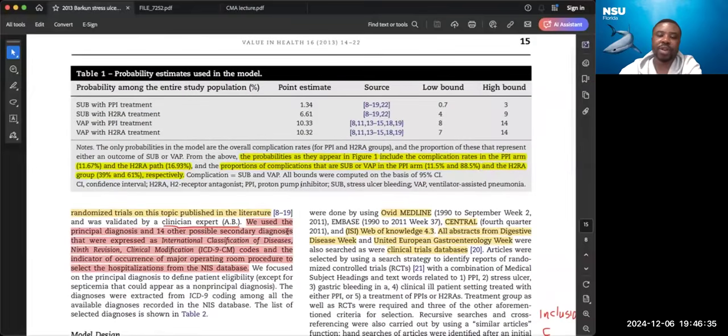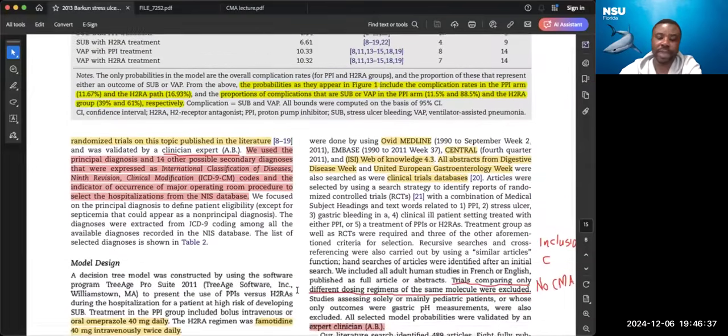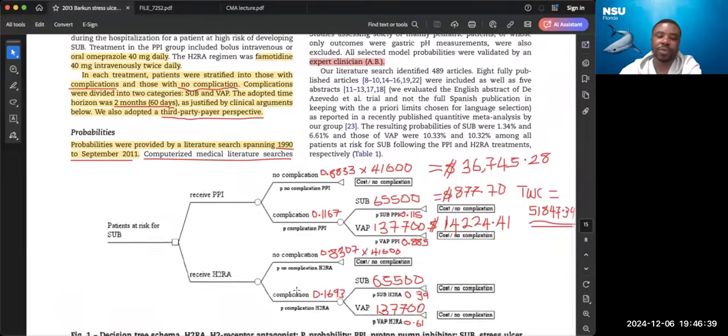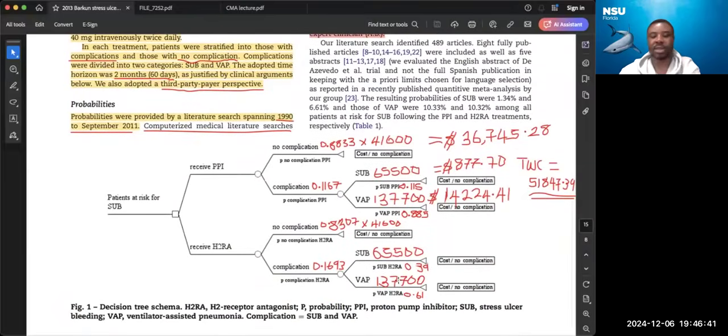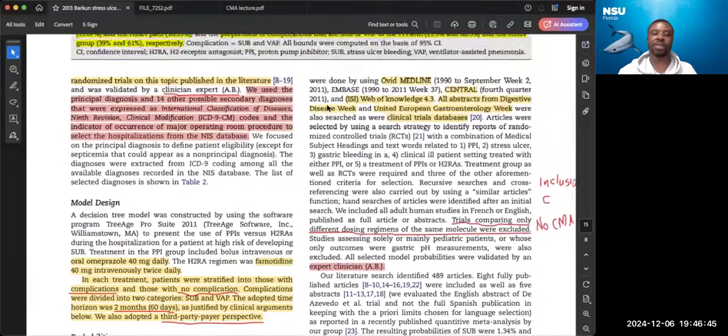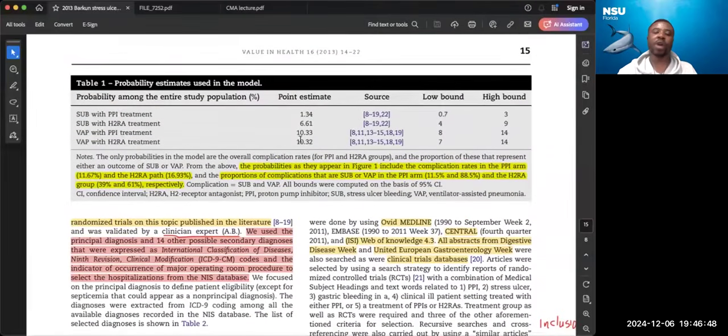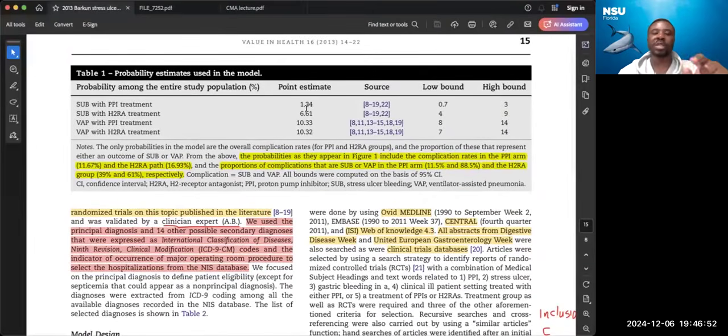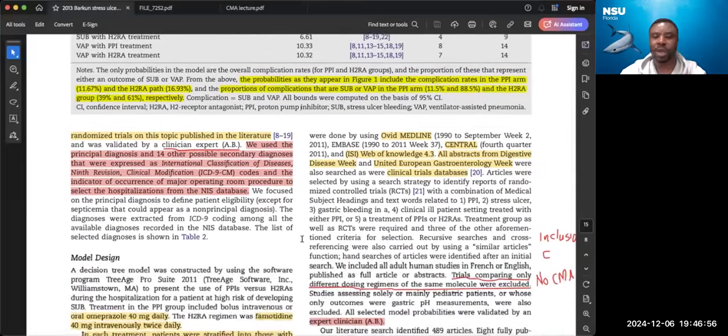The same thing for the 10.23. You get the 10.23 if you multiply this by that, by this one here. So that is why they have these probabilities. We don't have to put this directly into the decision tree, but we'll use it when we are doing the calculation for the total weighted cost, and then that one will come later.